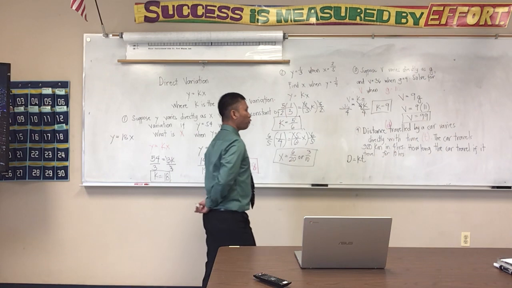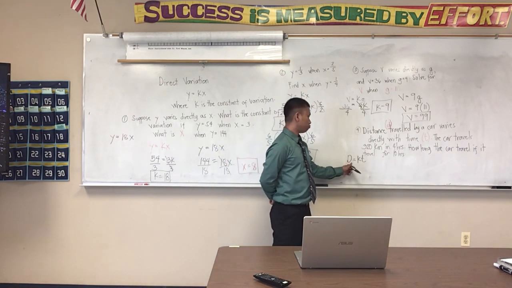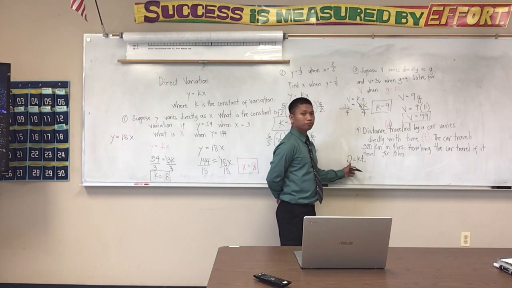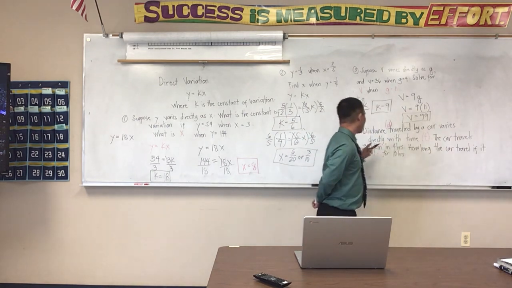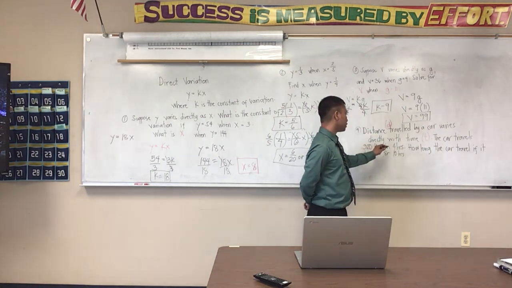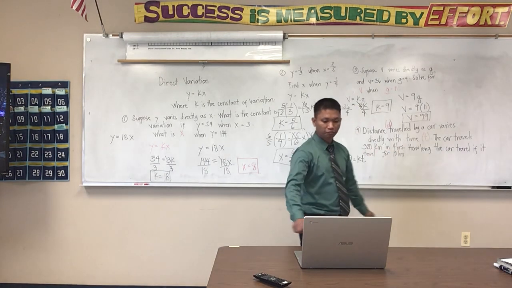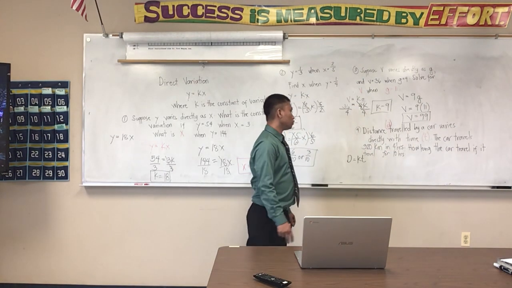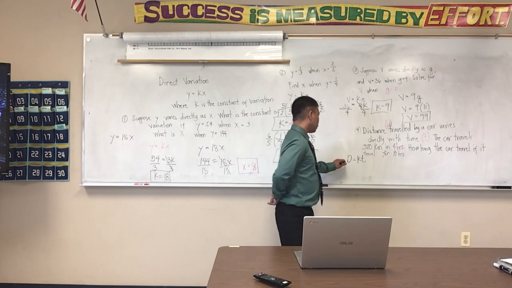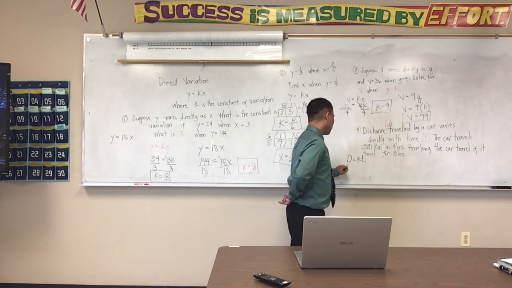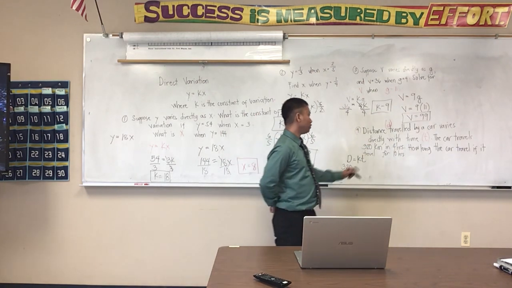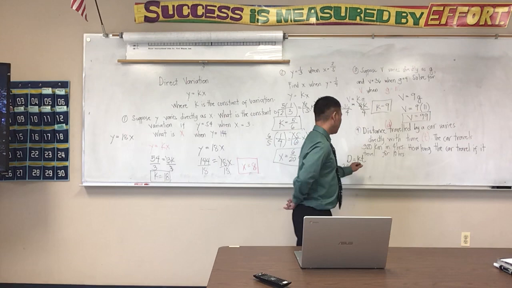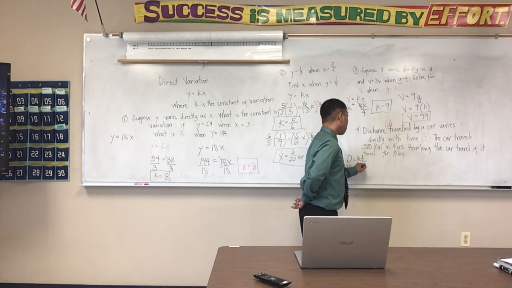Let's solve for the constant of our problem. Since the car travels 320 kilometers in 4 hours, let us substitute D is equal to 320 and our time, 4 hours, so it would be 4 times K. K is our constant.